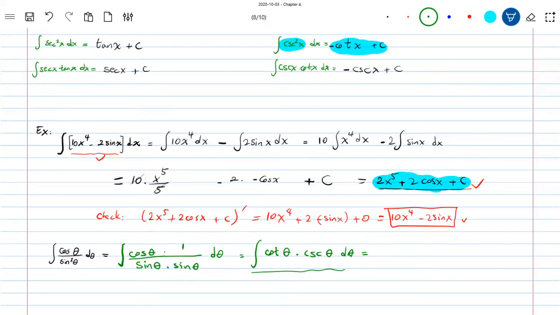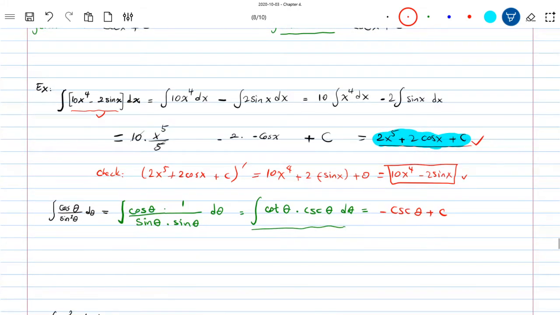What is the integral of cotangent cosecant? Simply negative cosecant theta plus some constant c. Do not use x. If the variable is theta, you should stick with theta. For the antiderivative, the integral would be negative cosecant theta plus some constant.